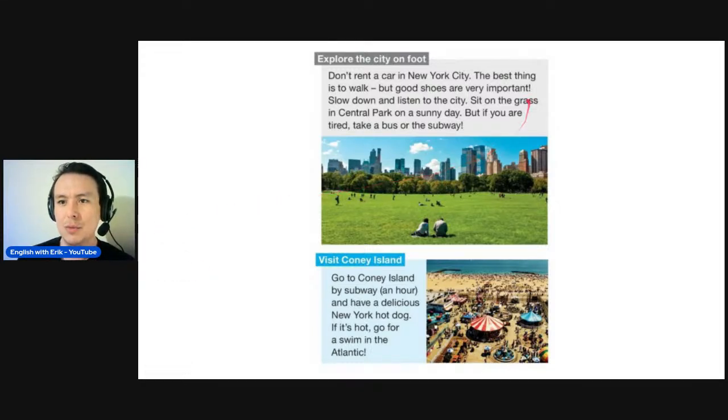Okay, let's move on. The best thing is to walk, but good shoes are very important. Your turn, my friends. Okay. Keep in mind the pronunciation of this word. It's very important to say it correctly. Repeat after me. Walk.